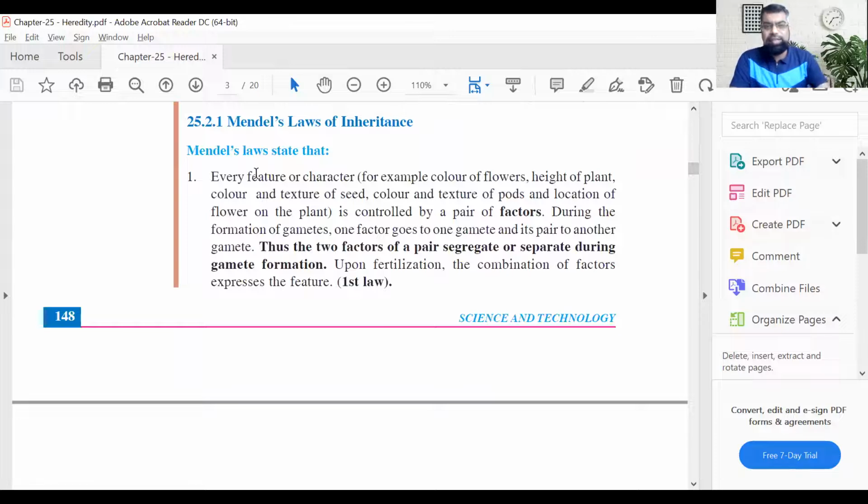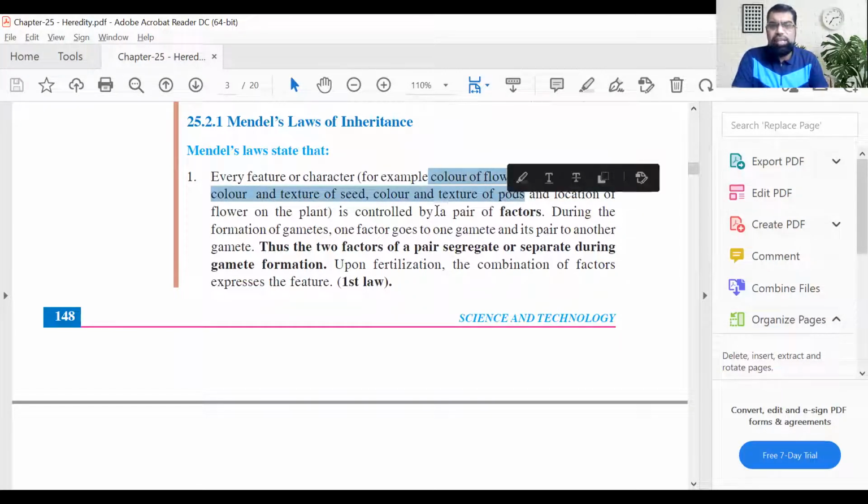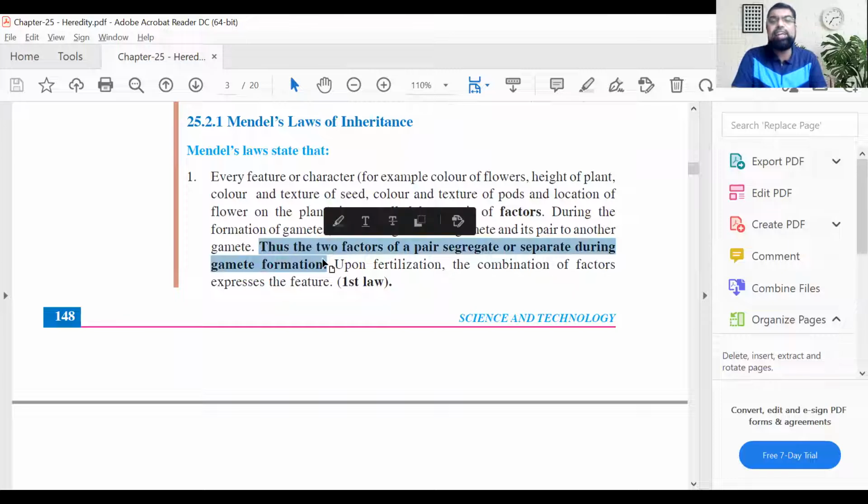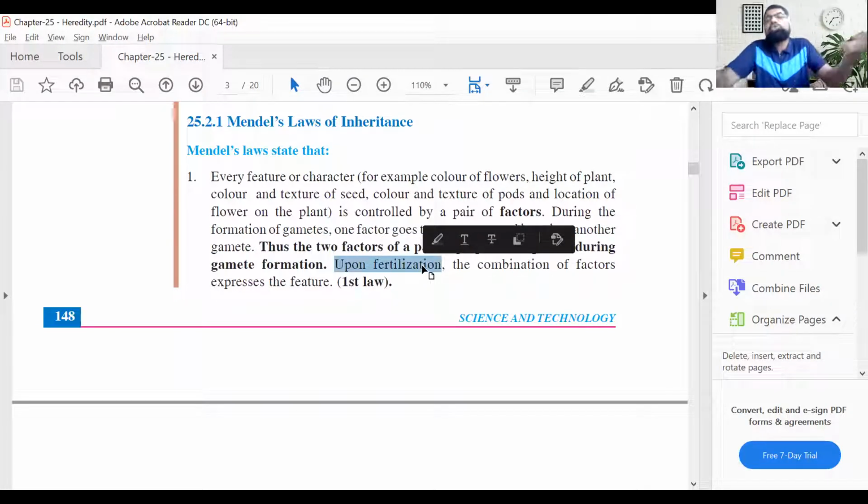So Gregor Mendel said every feature, the color, the height, the texture, is controlled by a pair of factors. So during the gamete formation, one factor goes to one gamete and another goes to another gamete. Thus, the 2 factors of a pair segregate or separate during gamete formation. Upon fertilization, this is who you become.